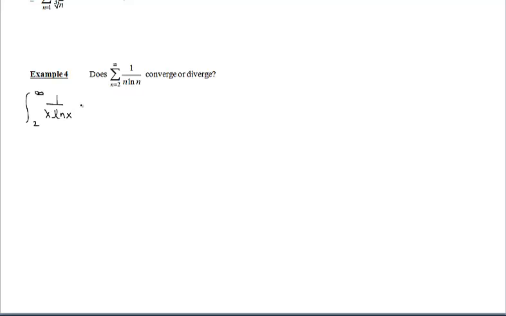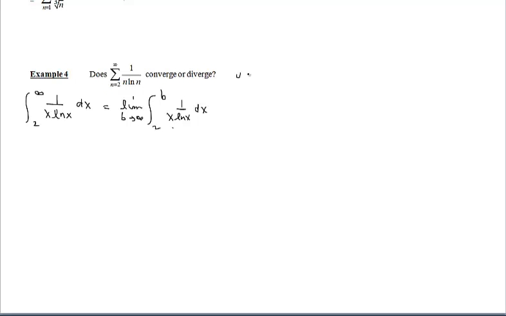Okay, let's model this with an improper integral. Let's rewrite it as a proper integral. We need to begin to think about how to integrate this.